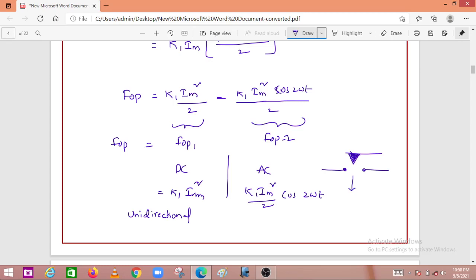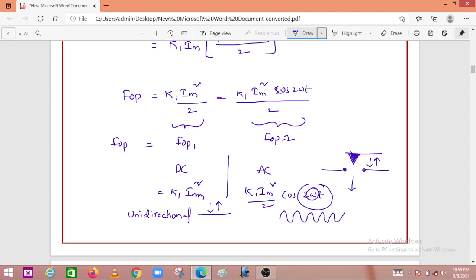But here, because of the AC application, there is a vibrating, pulsating force. AC means alternating, so you will be having a pulsating force. DC means unidirectional force, so it will be in either one direction, upward or downward. But in case of AC application, there is a pulsating force. That means this plunger will be moving upward and downward with a frequency of omega.